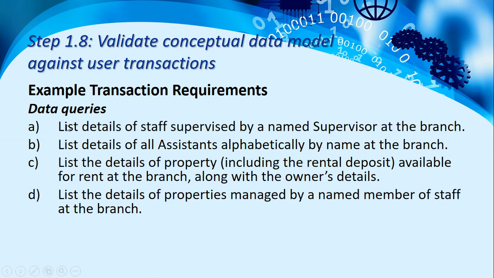In this example, the required transaction is that the user should be able to list the details of staff supervised by a named supervisor at the branch, and also retrieve the list of details of all assistants sorted alphabetically by name at the branch.